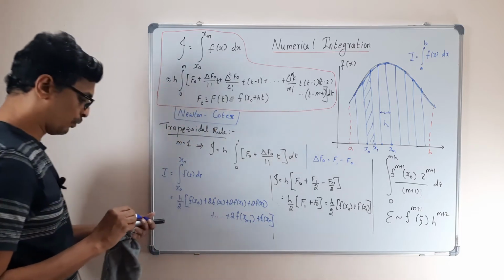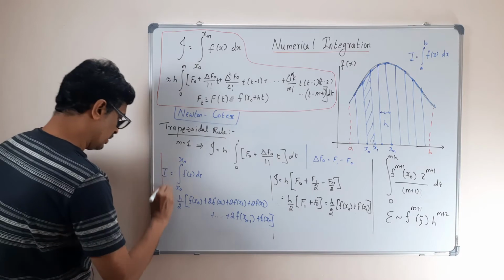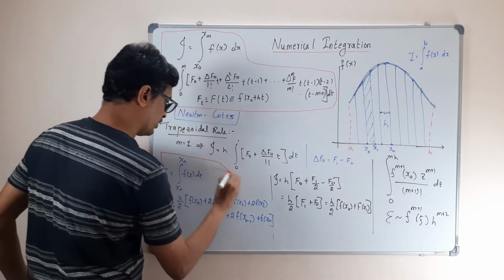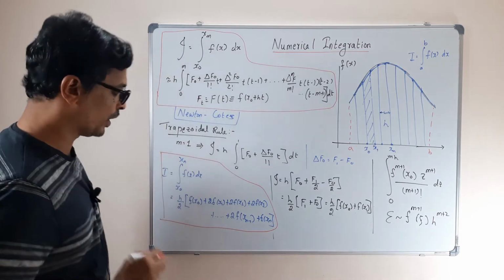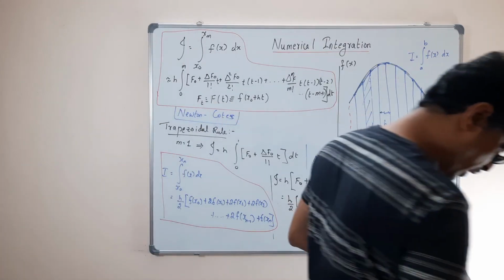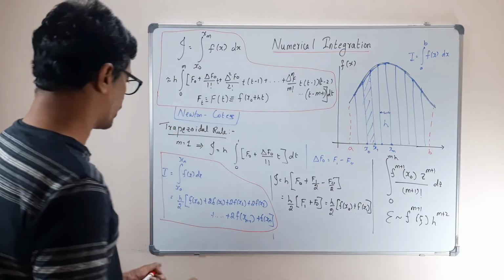So this is our numerical integration using a polynomial of degree 1, and this method is called the trapezoidal rule.